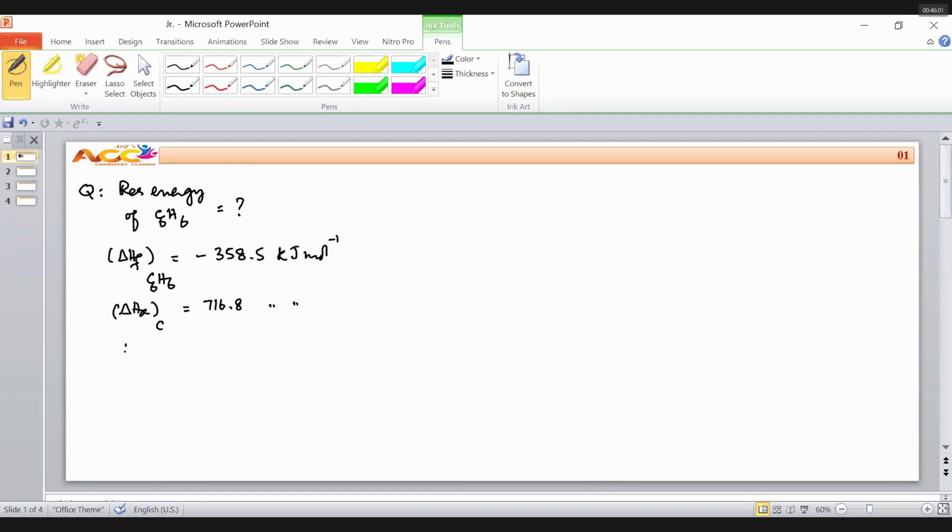Bond energy of C-H, C-C, C double bond C, H-H are 490, 340, 620 and 437.